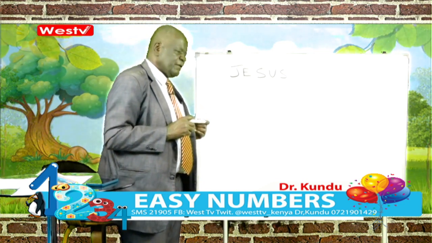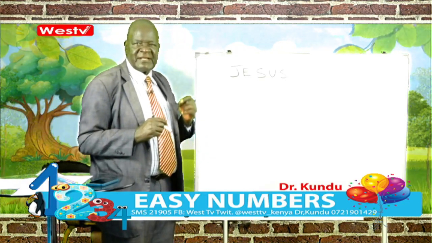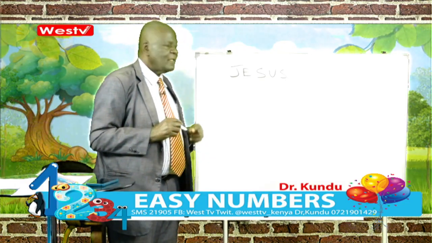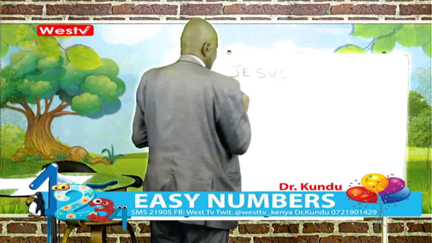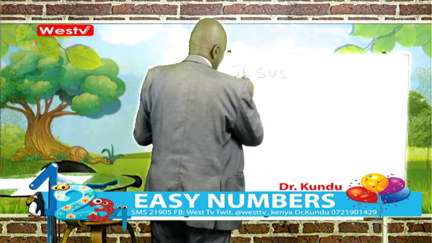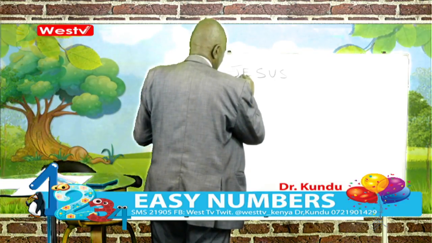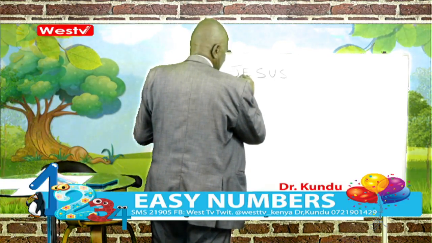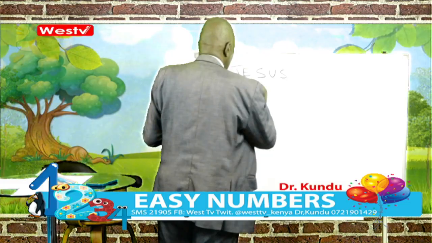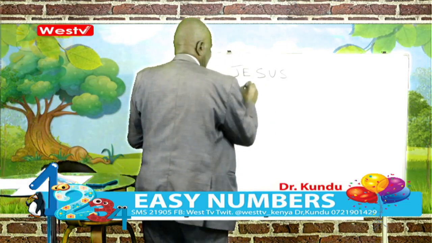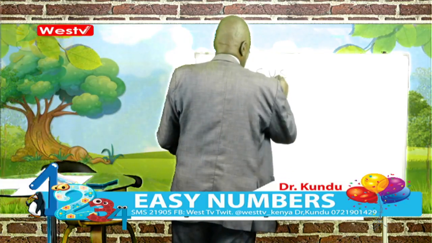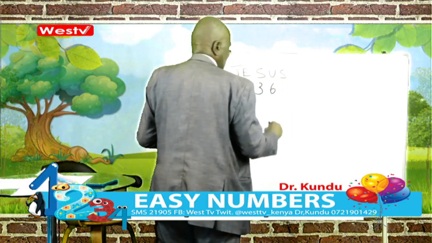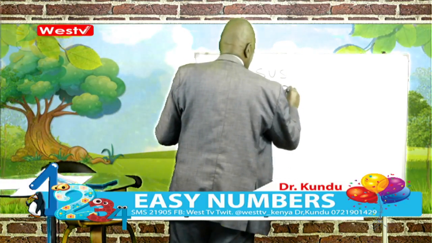So if we are going to calculate the vibrations of the name Jesus, then J is going to be 1, and then this one is going to be 5, and then this is going to be 3, and this is going to be 6, and this is going to be 3.